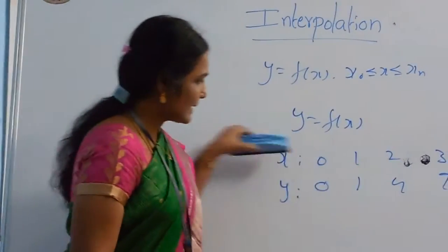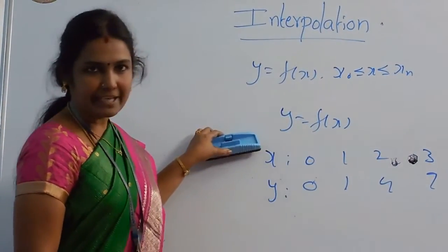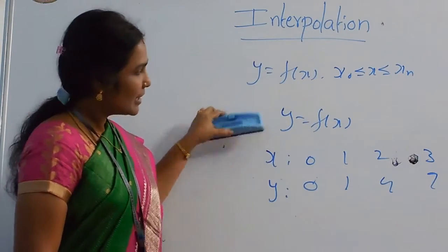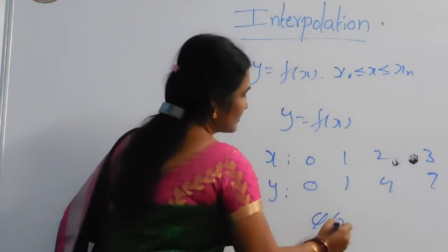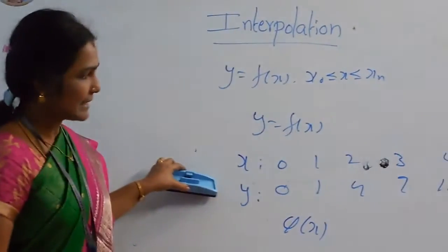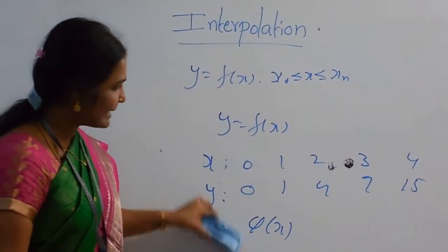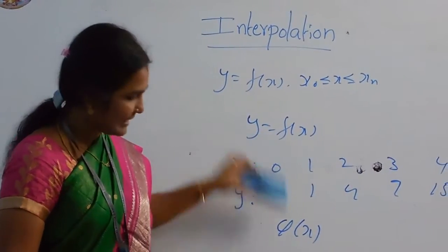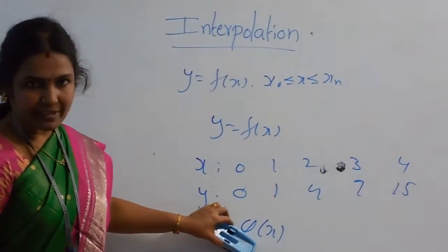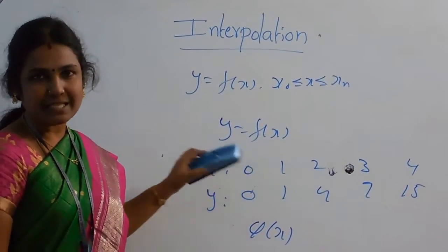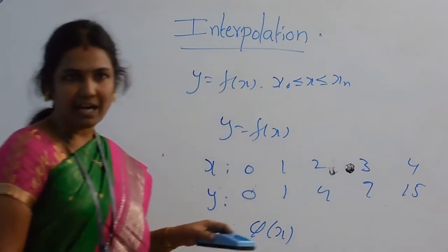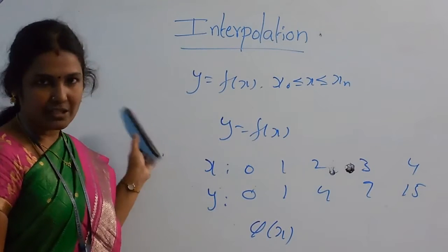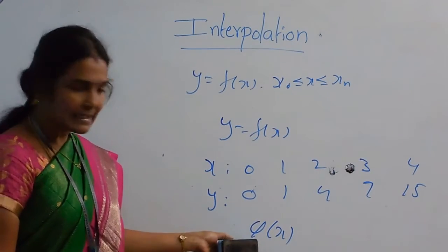For this table, we have to find the equivalent function of f of x, known as phi of x. So this process is known as interpolation. The process of finding the unknown values without knowing the function is known as interpolation.